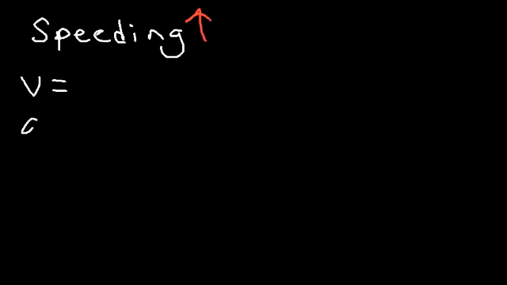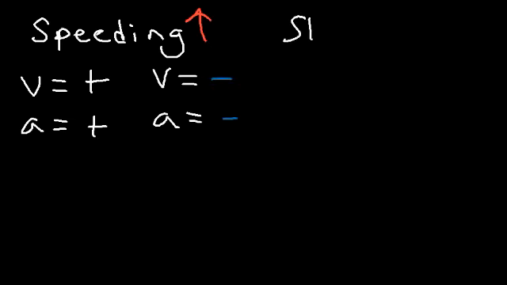The particle is speeding up whenever velocity and acceleration have the same signs. Either they're both positive or they're both negative. The particle is slowing down whenever acceleration and velocity have opposite signs.